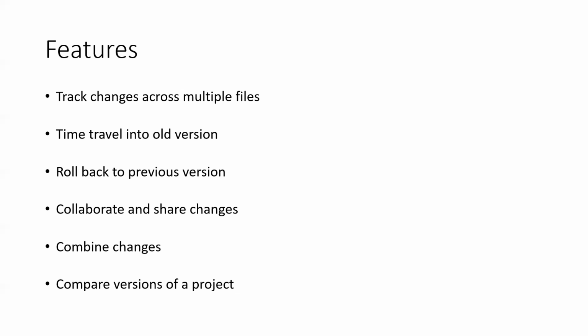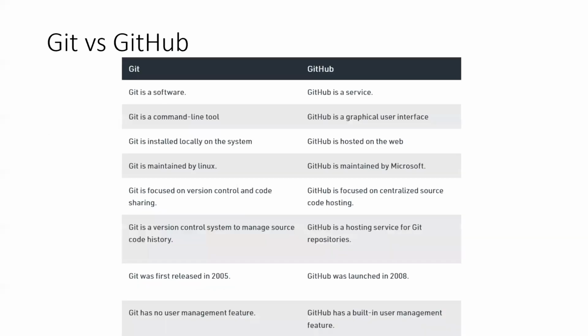To remove this fault, we can collaborate and share changes. We can combine the changes. We can also compare two versions of a project. Those are all the features.